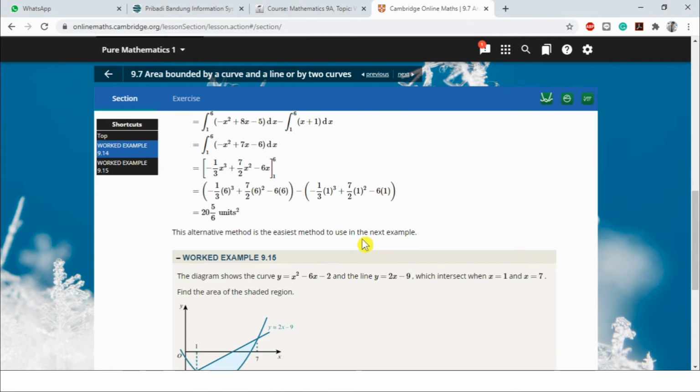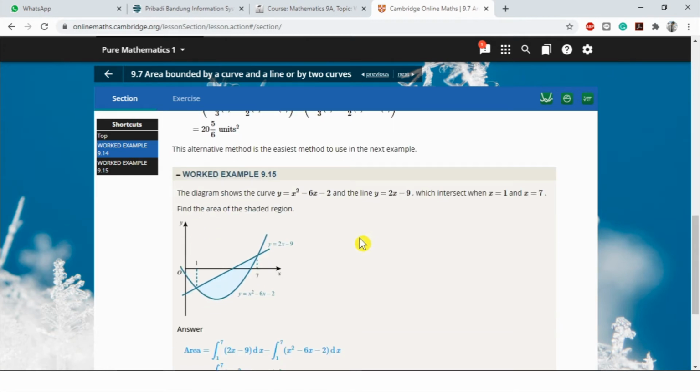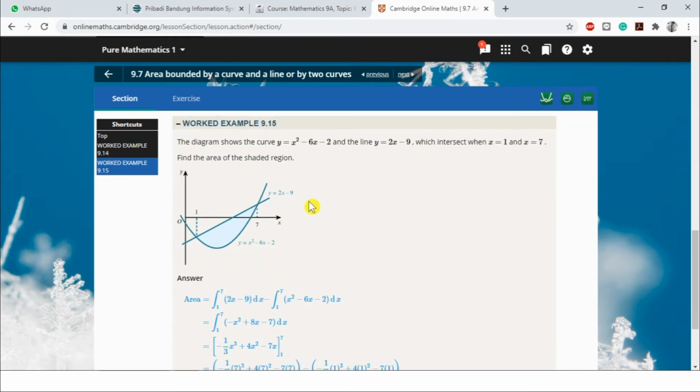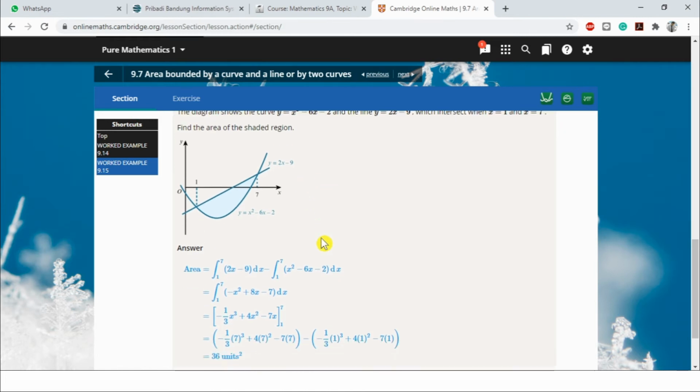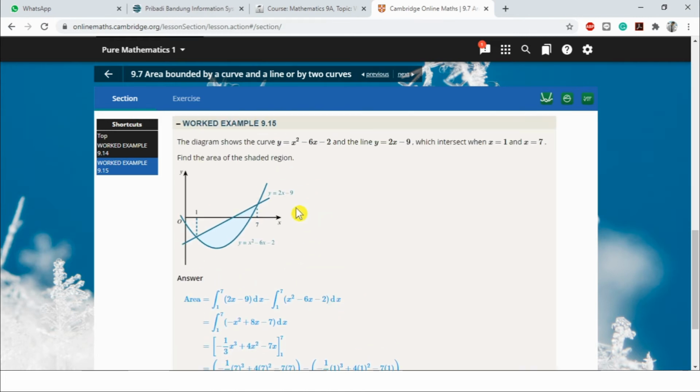Okay. All right, now the diagram shows the curve y equals x squared minus 6x minus 2 and the line y equals 2x minus 9, which intersect when x equals 1 and x equals 7. So you have to find the area.